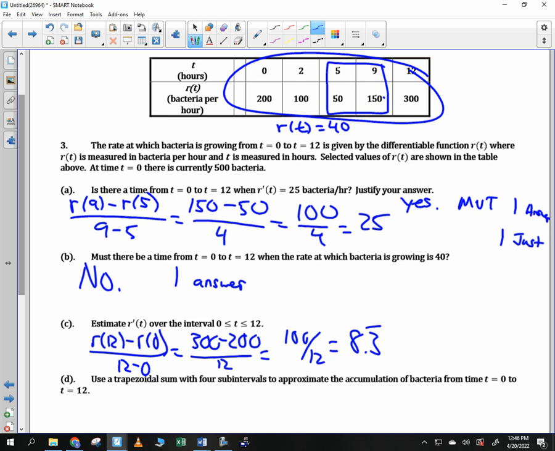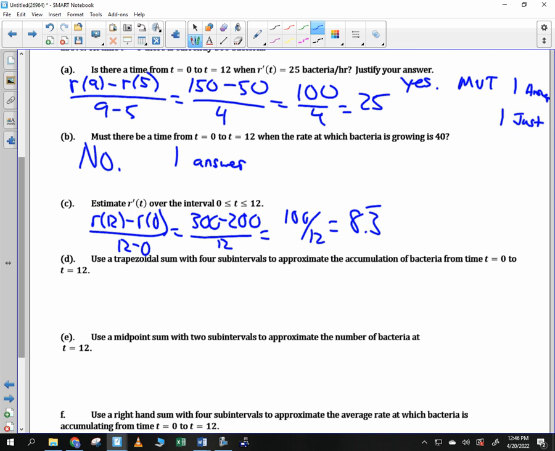You don't have to write the rate, but bacteria per hour squared. That's what you would want. So 1 point for the 8.33.